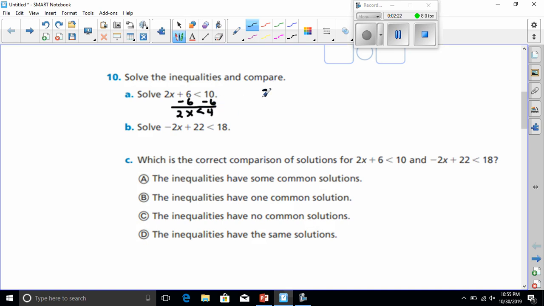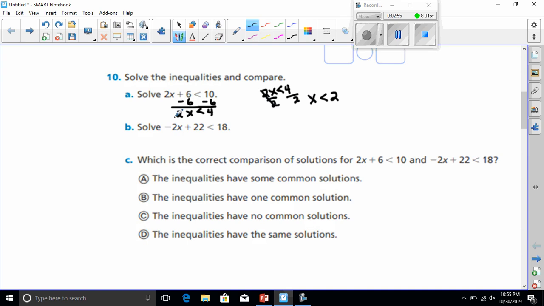And now I know I have to divide 2 away, which means I'll divide the other side as well. And that's going to leave me with x is less than, 4 divided by 2 is 2. The 2's are canceling out, so that left x all by itself. So the answer to this one is x is less than 2.